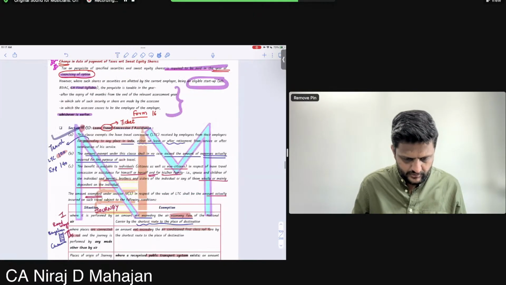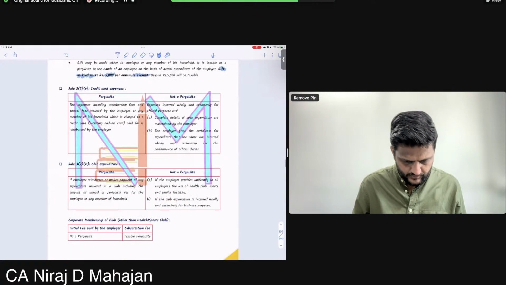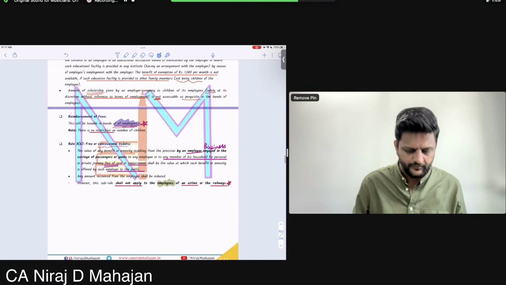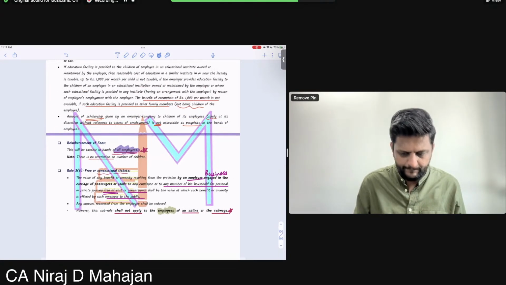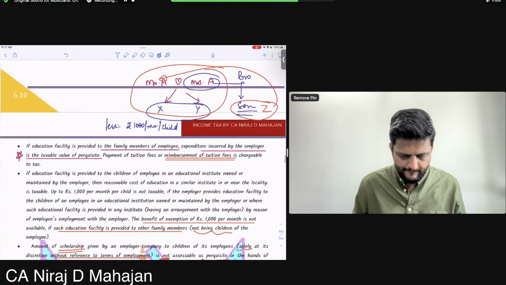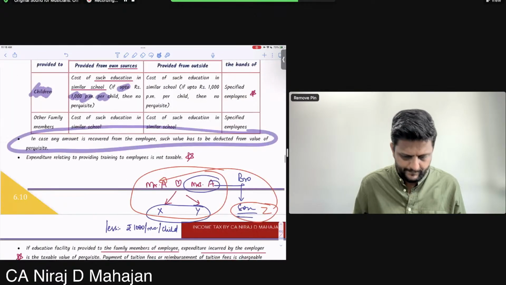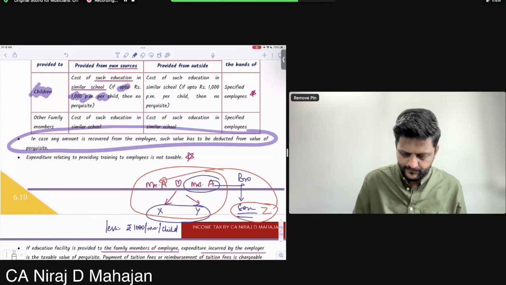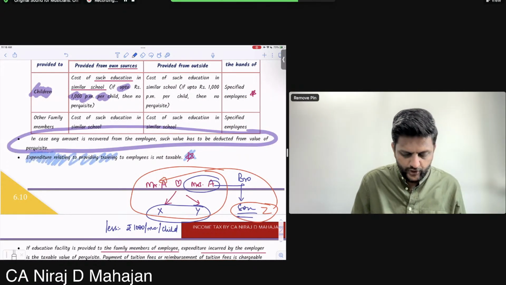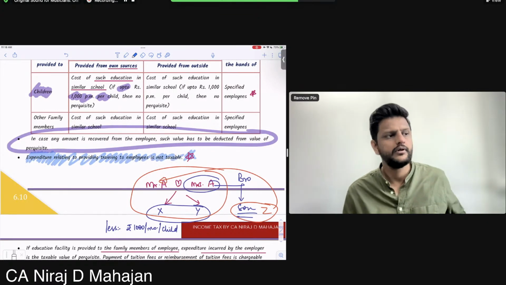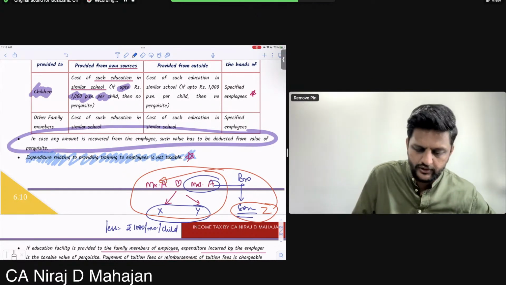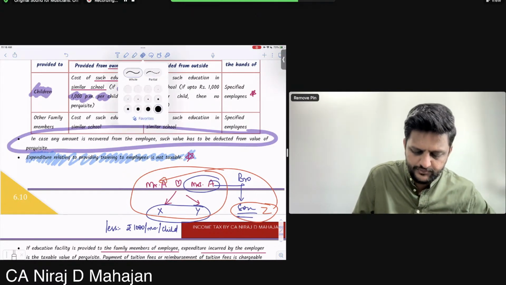Education. This one. Expenditure incurred for training of employees is not taxable. So that perquisite valuation is for training only, of the employee, so that he can work better or work correctly in the company for the calculation purposes.